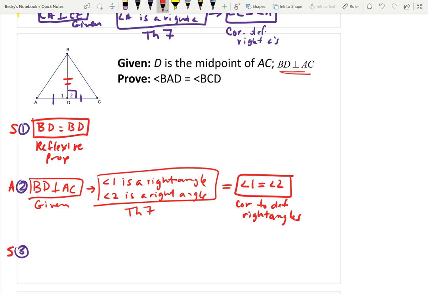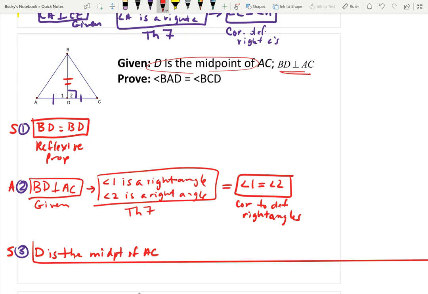Now, lastly, how did I know this little side AD? Well, I can't just write AD is equal to DC because it's not written that way in the given. I have to use the way it's written in the givens, which is D is the midpoint of AC. Box it up, given.